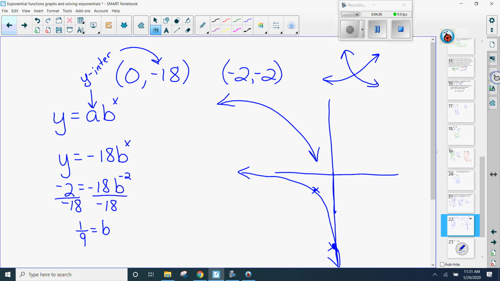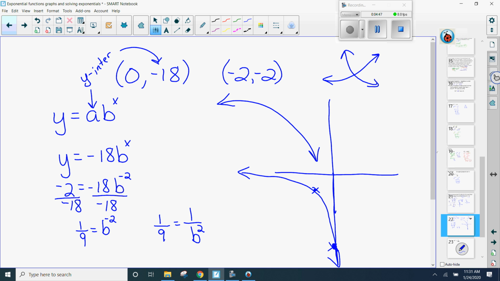That's equal to b to the -2. It's a negative exponent, so what do we have to do? Flip it. So if I flip it, well, okay, or you could do this, 1/9 is equal to 1/b squared.